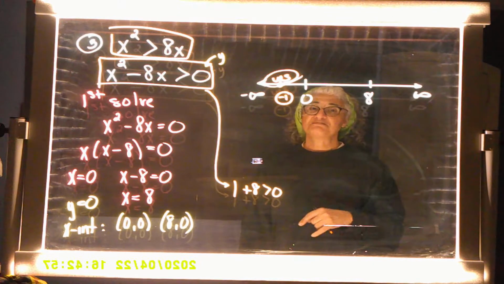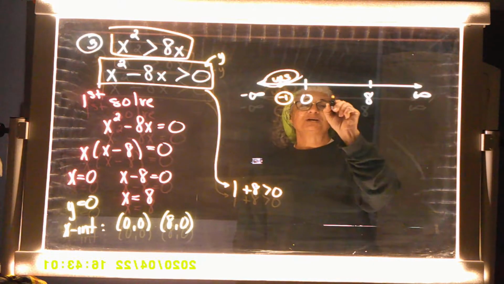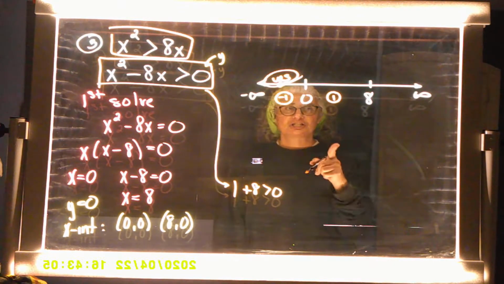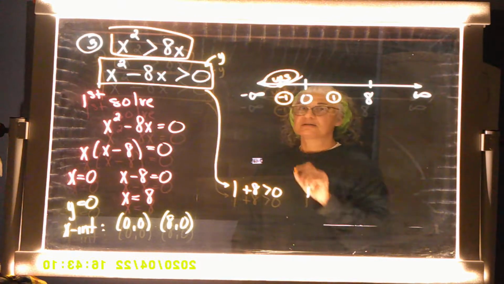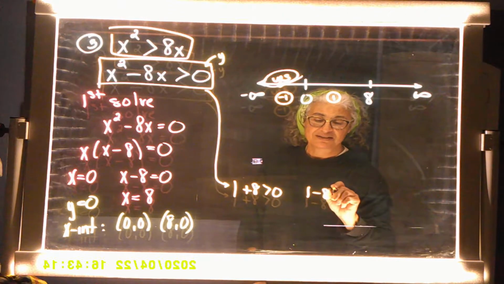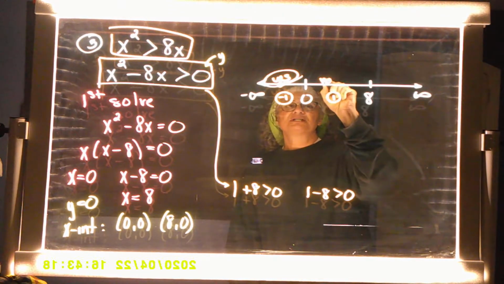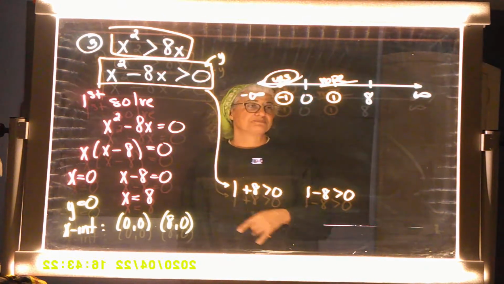I can choose 1, I can choose 2, I can choose 7.5 if I want. But I'm going to make my life easy, and I'm going to choose a +1. So, a +1 squared, good, is 1. A -8 times a +1, good, that's a -8. Is that greater than 0? Nope. This one is not working. So, there goes that one.